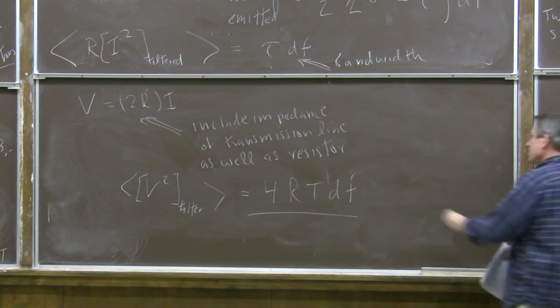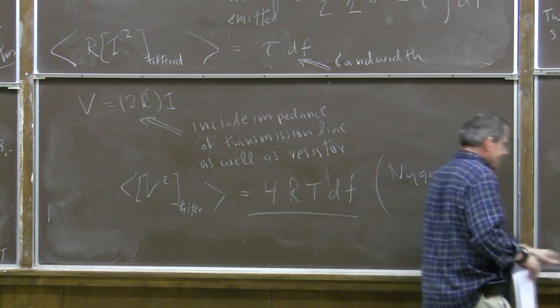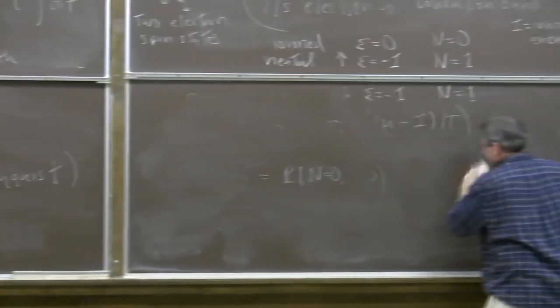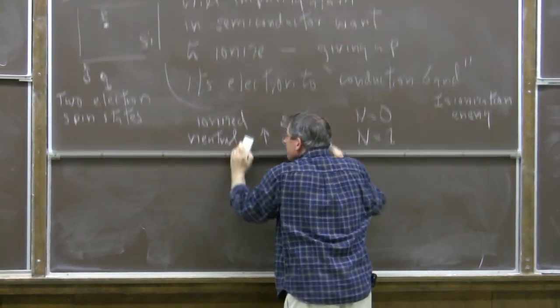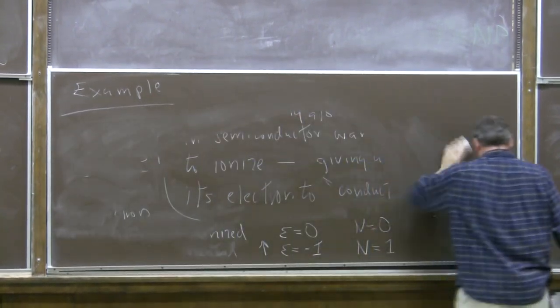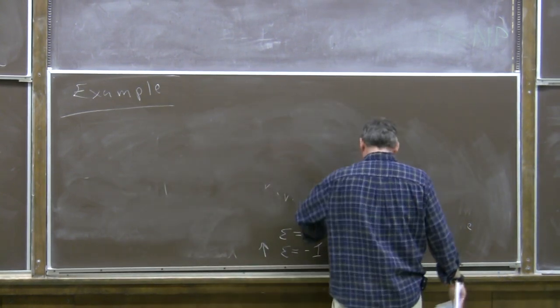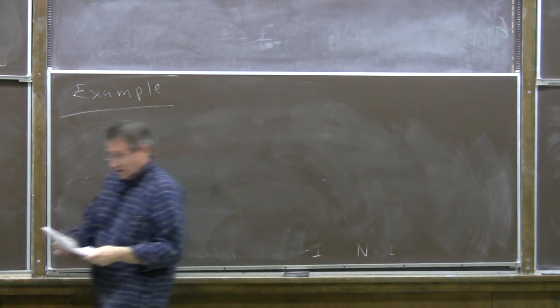So that's Nyquist's formula. And really what it's telling us is that if we want to measure a voltage, we'll have to integrate the voltage for a while in order to overcome the effects of the noise.